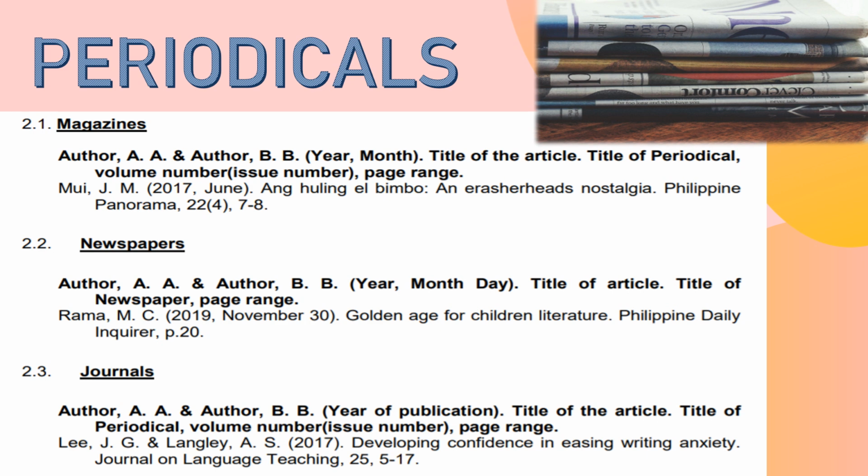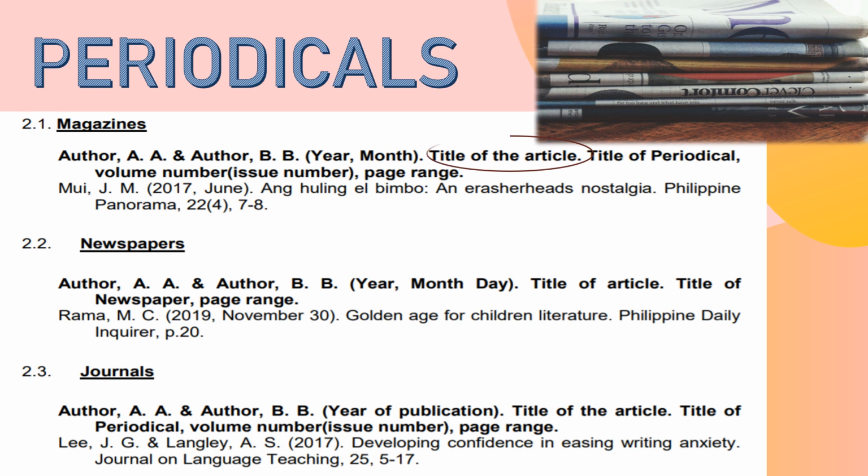Now moving on to periodicals, they are almost similar, especially with citing magazines and journals, while citing newspapers is a bit different from the other two. So for citing magazines, we have to, of course, first write the author or authors, and then a period, and then the year, comma, the month it was published, enclosed again in parentheses, and then a period.